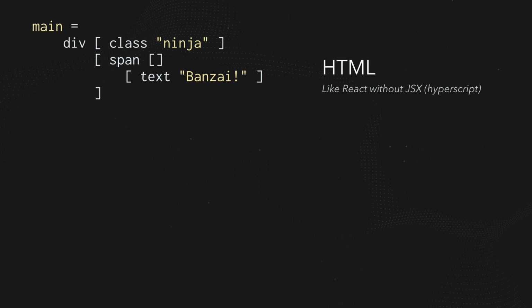So all of the functions in Elm for creating HTML have the same function signature. It accepts first one list, that's a list of attributes like class, ID, onClick, all of those. And the second list is all of the children. So here we create a div with the class attribute, and it contains a span, which contains the text banzai. And all of this has a special type called HTML.